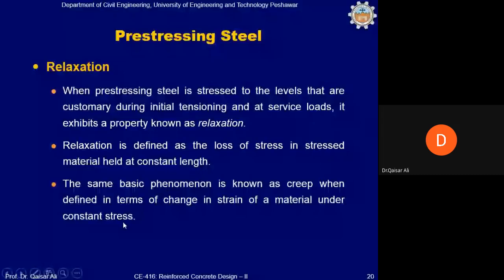Creep is a phenomenon which occurs in concrete. And creep is change in strain, either increase or decrease in length. If the load is a compressive load, then there will be reduction in the length of the concrete member with time at constant load. Because with the increase in load, whatever change in length occurs is called elastic shortening, or elastic elongation.